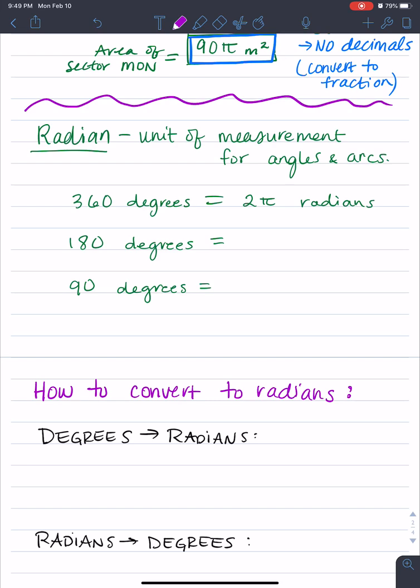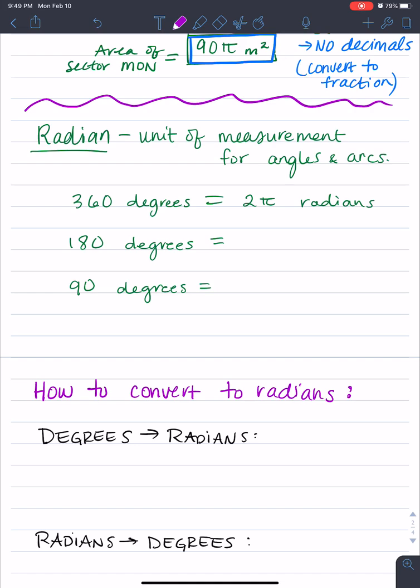So remember how when we talked about trig, we talked about radians. Okay, don't worry. We're not going back to trigonometry right now. But we do have to define what radians are.